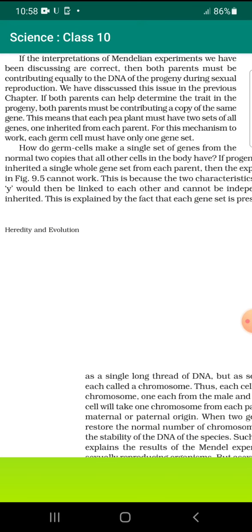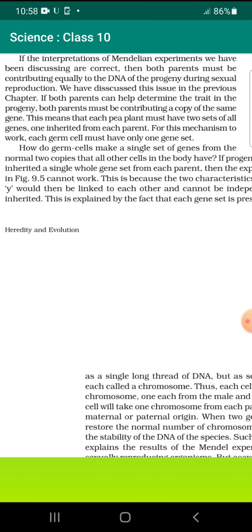If both parents can help determine the trait in the progeny, both parents must be contributing a copy of the same gene. This means that each pea plant must have two sets of all genes, one inherited from each parent. For this mechanism to work, each germ cell must have only one gene set.